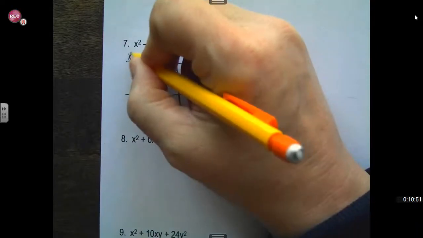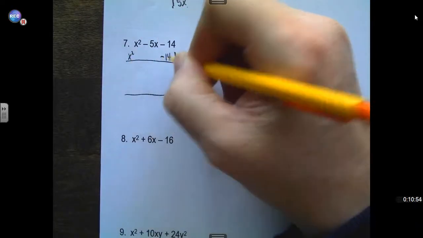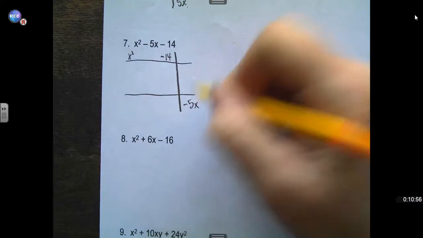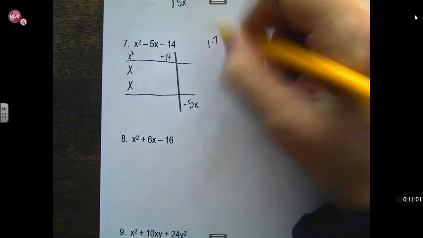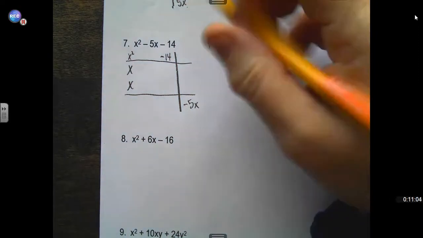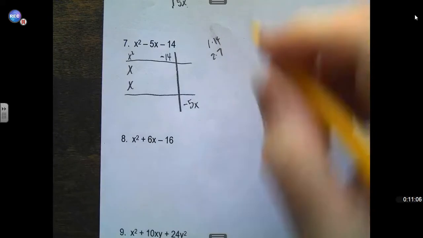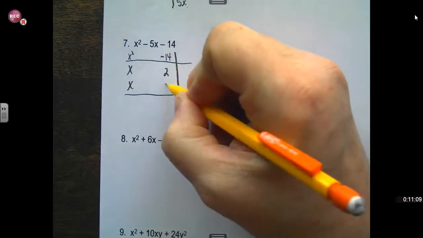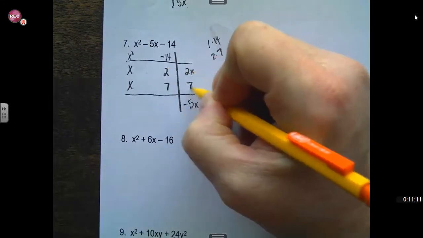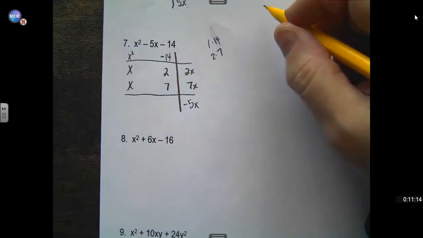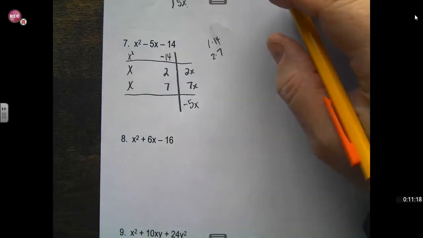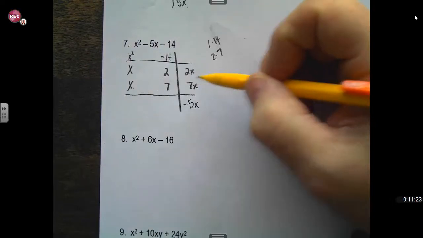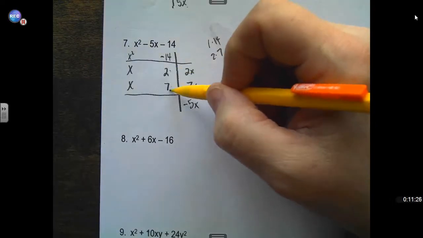So quadratic term goes here. Negative 14, make sure you put the sign with it. Negative 5x. So again, don't have a lot of choice there. 14 is either 1 times 14, or 2 times 7. And I think it's going to be 2 and 7, 2x, 7x. And we need to figure out which one needs to be negative to make this work. One of the biggest mistakes I see, especially in my Algebra 1 kids, is they want to put the sign on when they write these numbers down. And that's a big mistake.